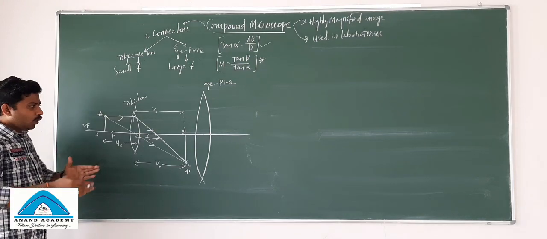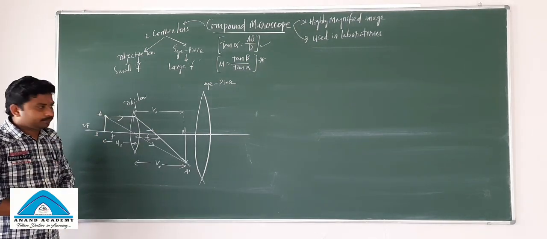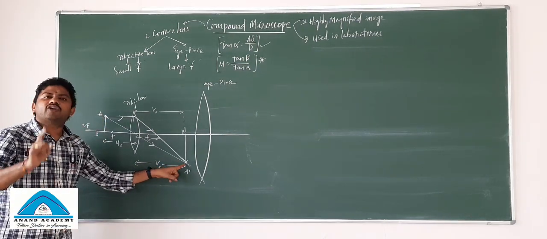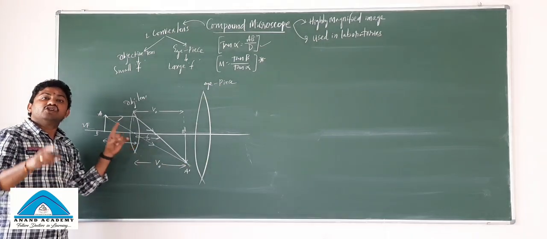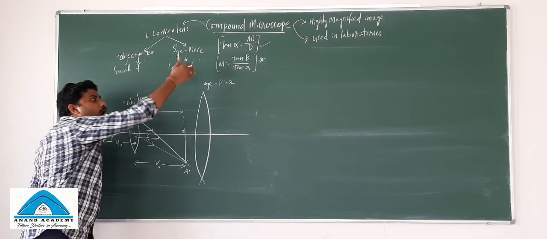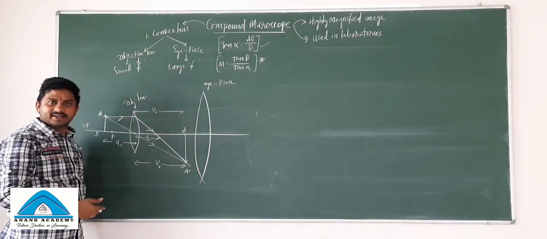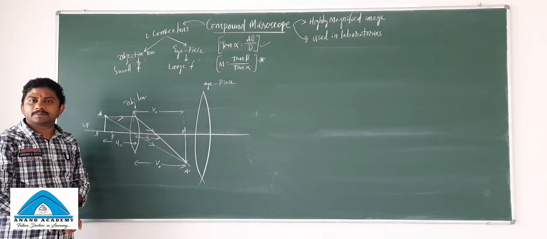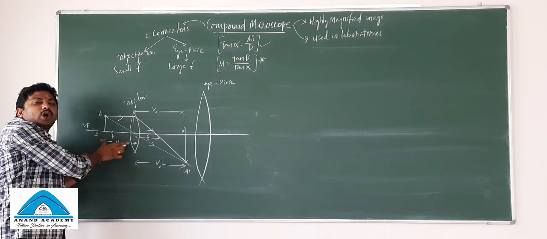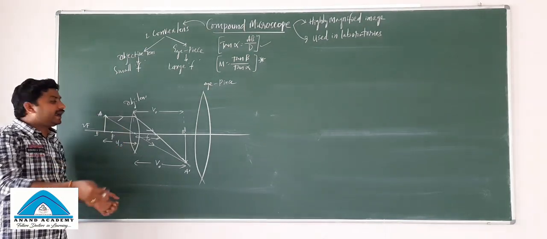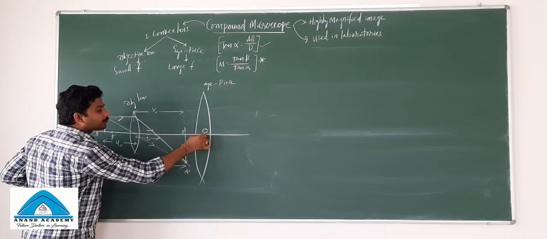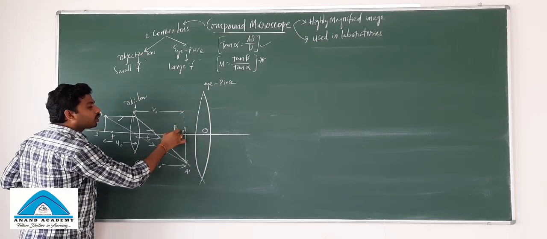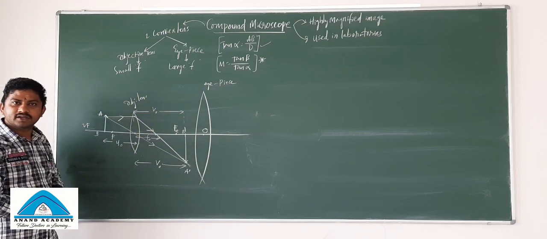Now, what I have already told you, the image formed by the objective lens will behave as an object for the eyepiece. So where is this object kept? We will adjust this object distance such that its image will be formed between the optic center and the focus of the eyepiece.